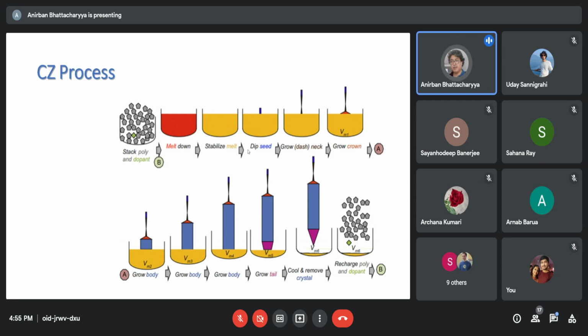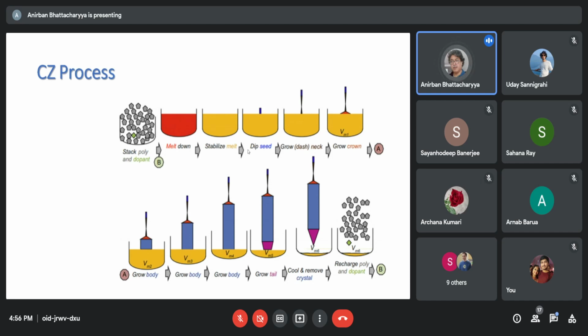What does it mean pulled up? It means the liquid is freezing and forming a cylindrical solid body, and slowly it builds up until most of it has gone off. See that? Grow body, grow body, grow body, and then as the liquid is almost used up, grow tail, and then you cool and remove the crystal, and then you recharge the polysilicon.